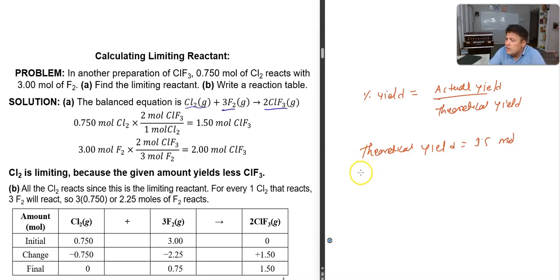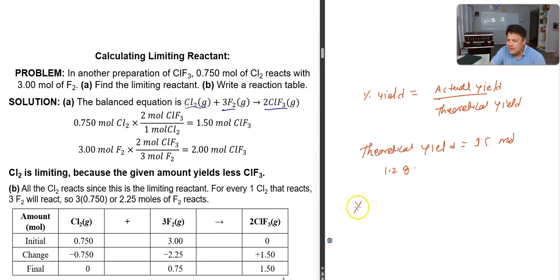But you measure in the laboratory, you synthesize it, you do this reaction in the lab. Actually you did this chlorine plus fluorine experiment in your lab. You get, for example, 1.2 grams, because of inaccuracy in your instruments, impurities, lots of things. Because of these, you just get 1.2, you didn't get 1.5.